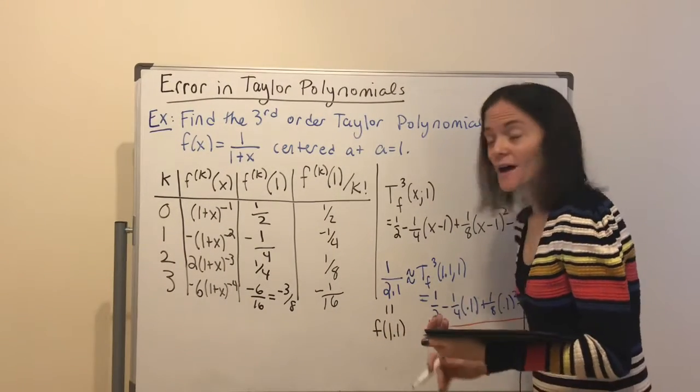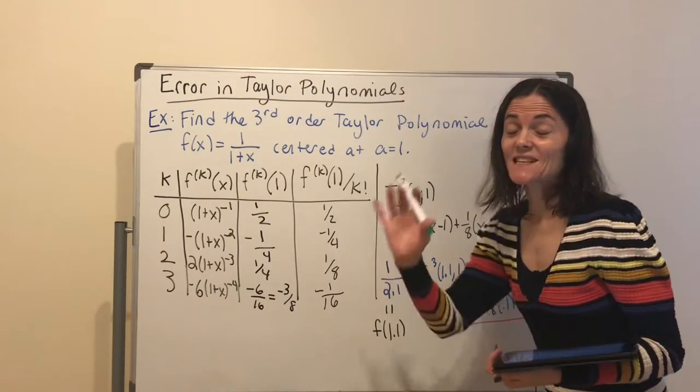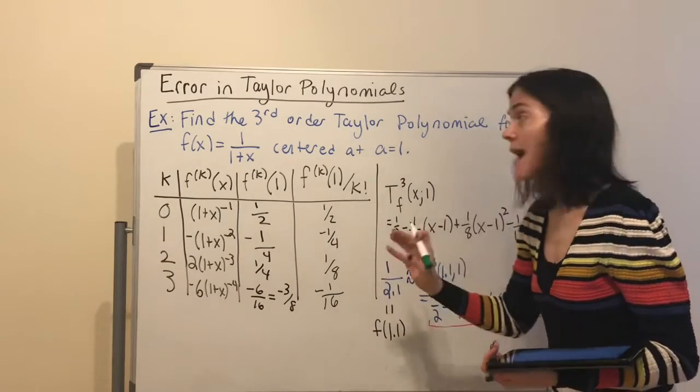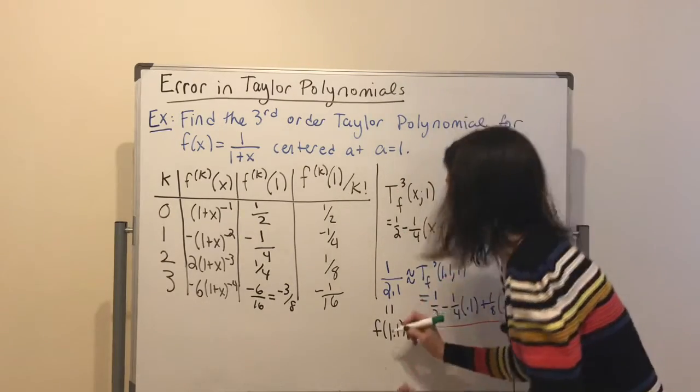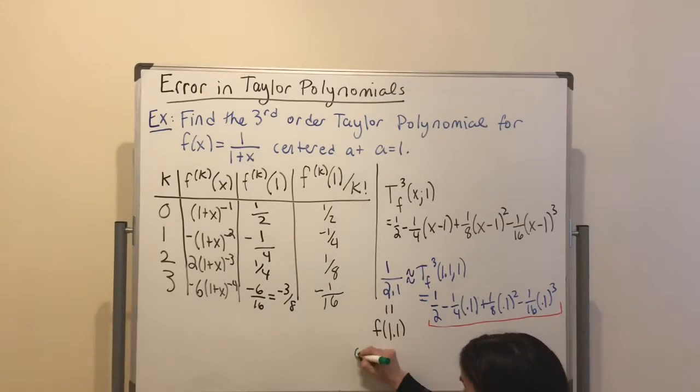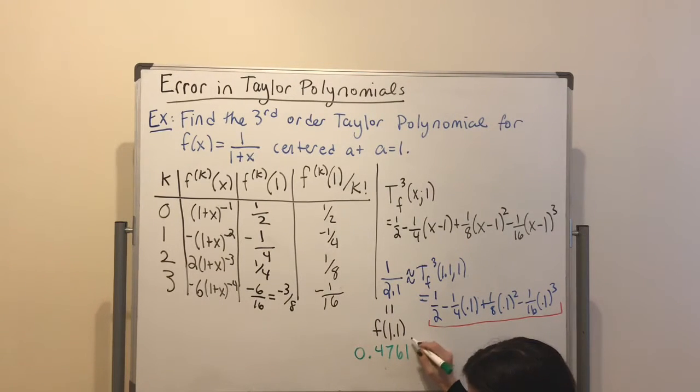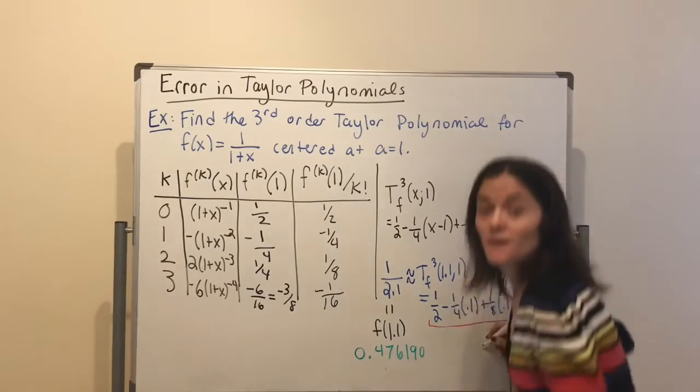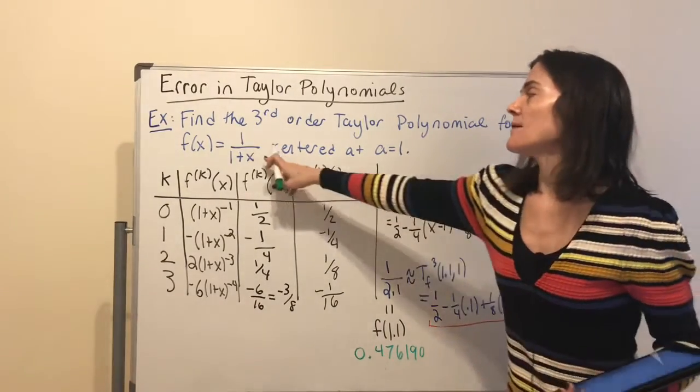The actual value, 1 over 2.1, which is the function value at 1.1, I get is 0.476190. That is to 1, 2, 3, 4, 5, 6 places.